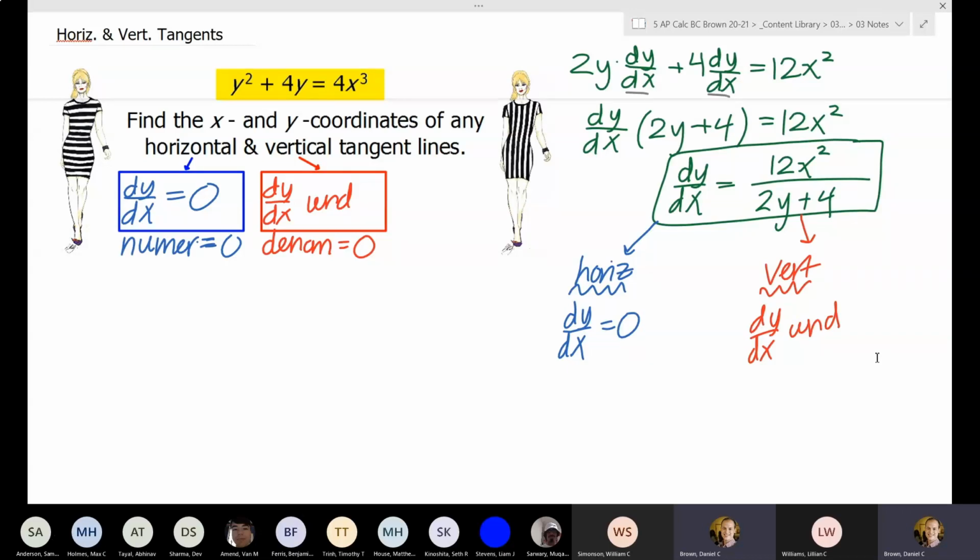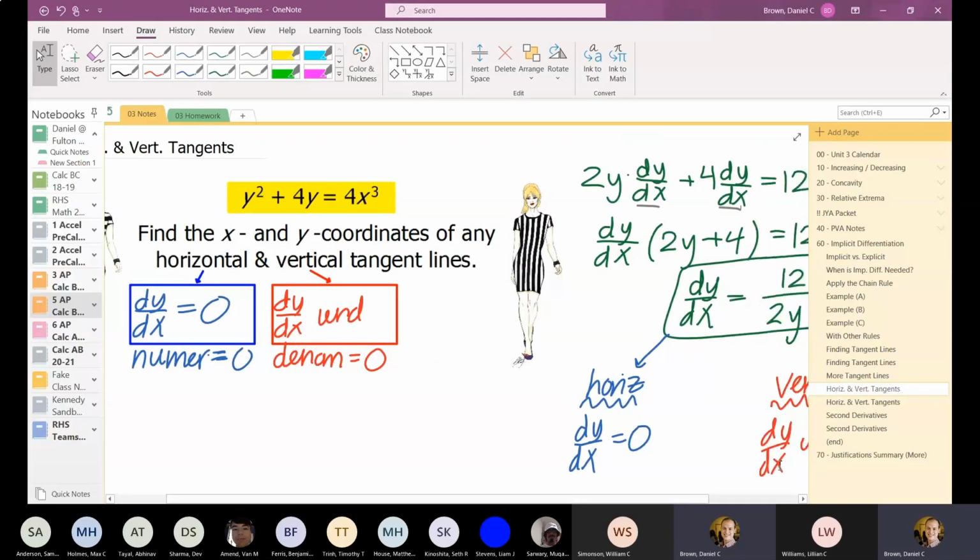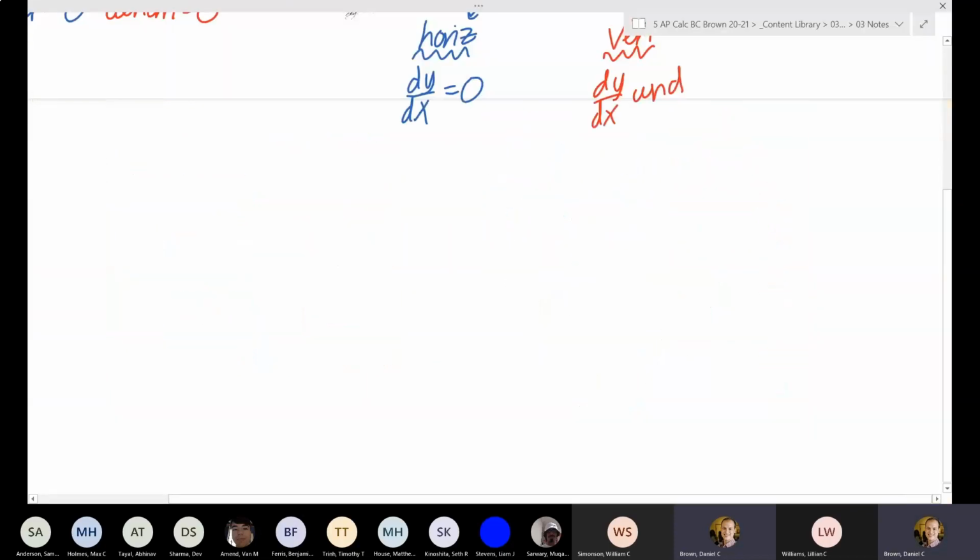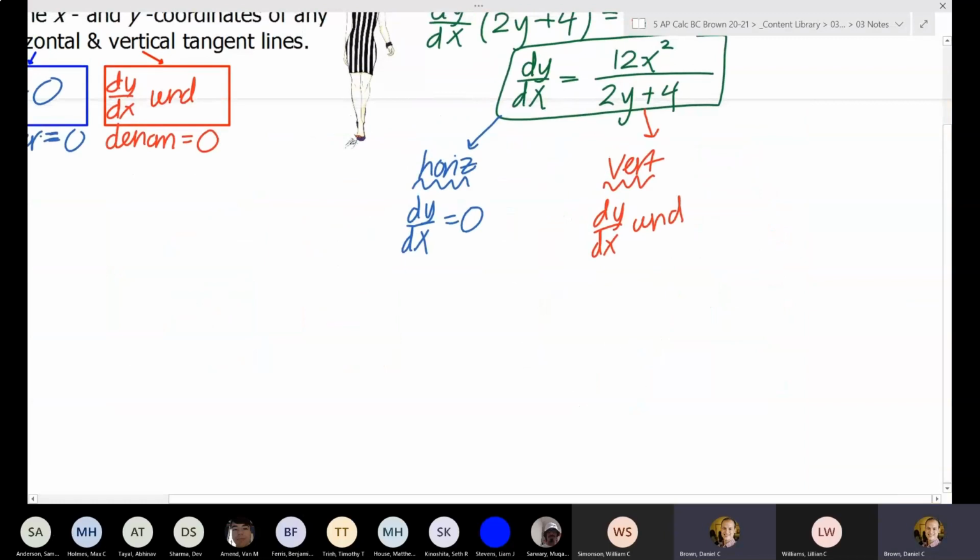And so we want to look at where we have horizontal tangent lines and vertical tangent lines. Those are going to occur again. We have horizontal tangent lines when the derivative is equal to 0, which is going to show up when the numerator is equal to 0. So that's going to be when x is equal to 0.